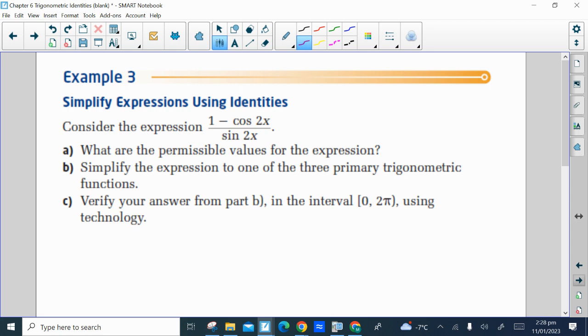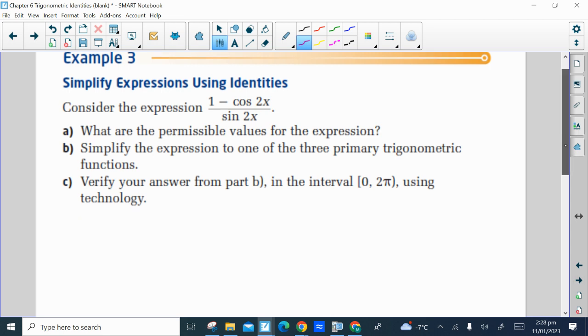So we said that one of the uses of these identities is to help simplify expressions, which is what this next one is doing. We've got that expression. We want to talk about the non-permissible values and then simplify down to one of the three primary trig functions, and then we can use our graphing calculator to check.